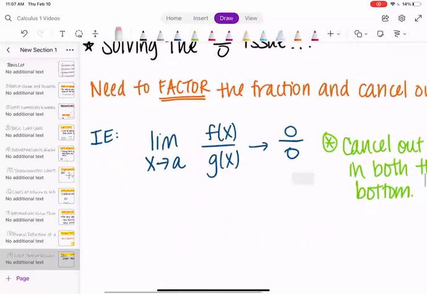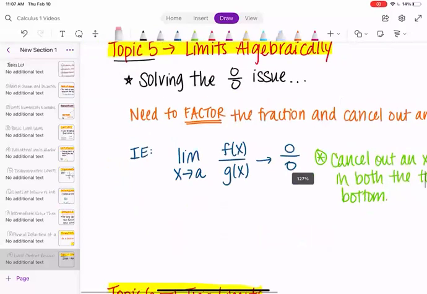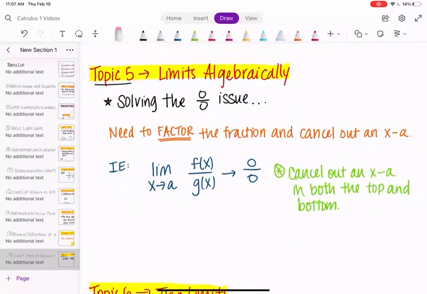So basically what's happening is, because there's something in the function that you're evaluating that is leading to some 0 over 0, that means that there's a component built into that function that's multiplying through both the numerator and the denominator and causing both of those to be 0. So the logical way to approach that would be to try to find what that value is that's causing your problem and eliminating it. And if you think about it, you're evaluating the limit as x approaches a. So how do I get a to cancel itself, right?